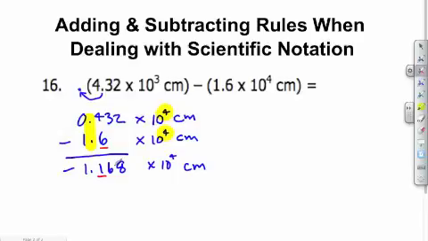I look at the next place over to see if this 6 will round it to 1. It does. So my answer becomes negative 1.2. I drop all the remaining digits, and so my answer becomes negative 1.2 times 10 to the fourth centimeters.